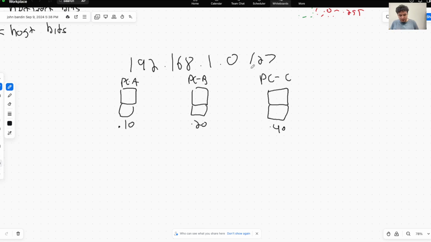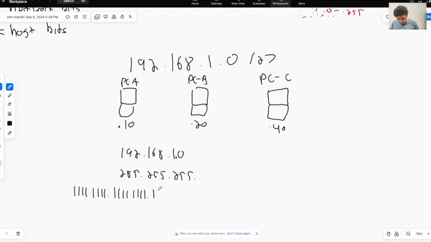Well, let's break this down. So /27, let's convert that to binary. We'll start with our network ID, the start of our network ranges, and then it's a /27. That means there's 27 network bits. So if I were to write that out, 8, 16 network bits in the subnet mask, 24, 25, 26, 27. That means the rest are the host bits.